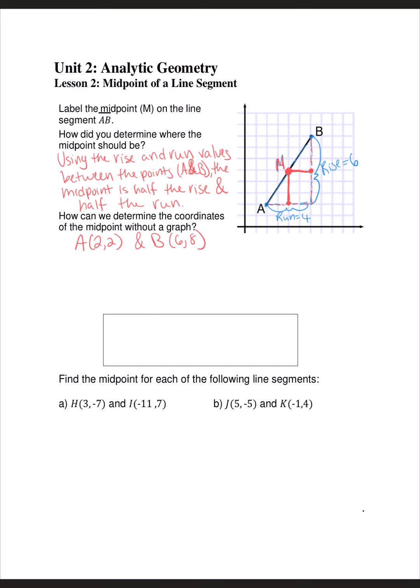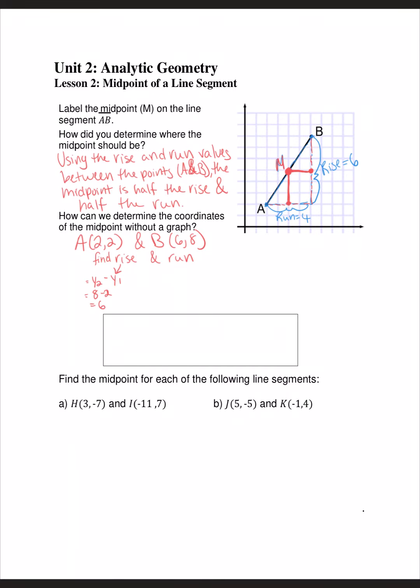Once we had those points on our graph, if we now think algebraically, could we determine our rise and our run without a graph? Let's find our rise and our run. Our rise is the difference between our y values, so it's y2 minus y1, which is 8 minus 2, which is equal to 6.